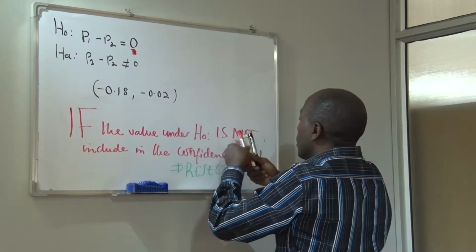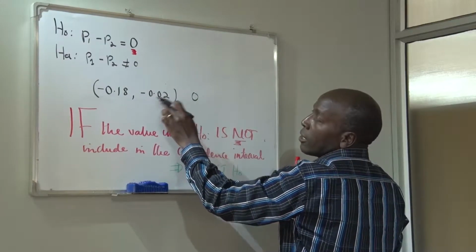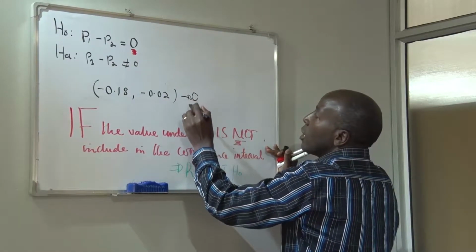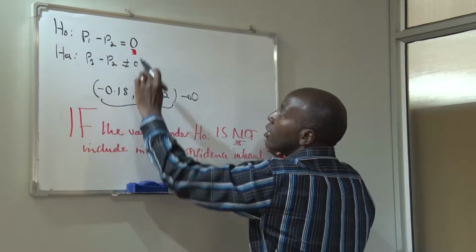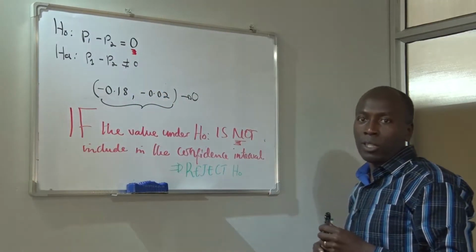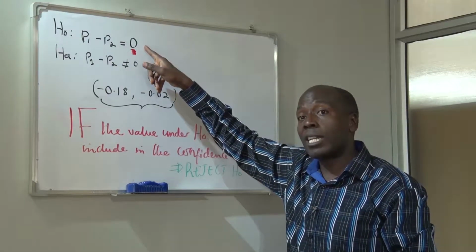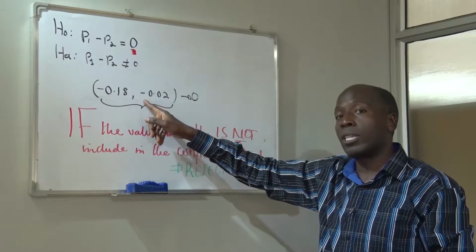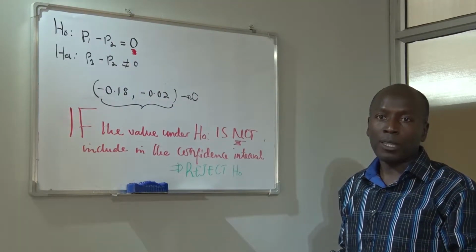You can see that 0 is greater than this one. So this confidence interval from here to here does not include 0. And since the value under the null hypothesis is not included here, we can use this to reject the null hypothesis.